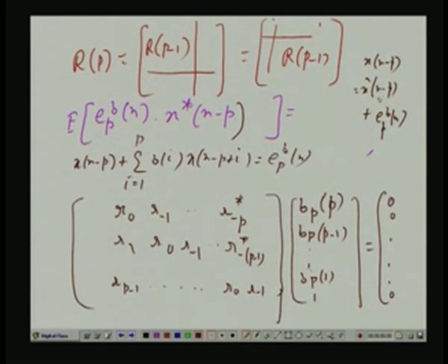This x cap (n-p) is what? Its prediction. It is a linear combination of the p future values, that is orthogonal to EPBN. So, that product will go as 0.